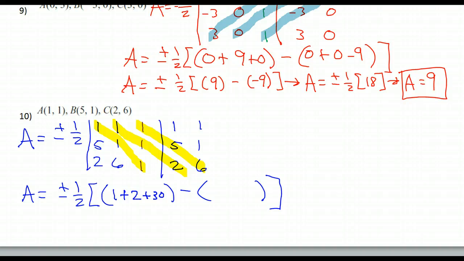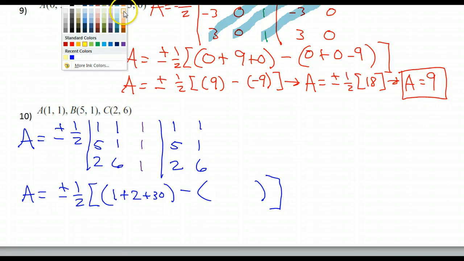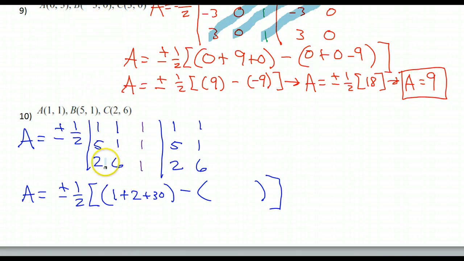Now let's do the up diagonals. Whoa, wrong tool. Okay, up diagonals are like this. There's 1, and there's 1, and here's 1.